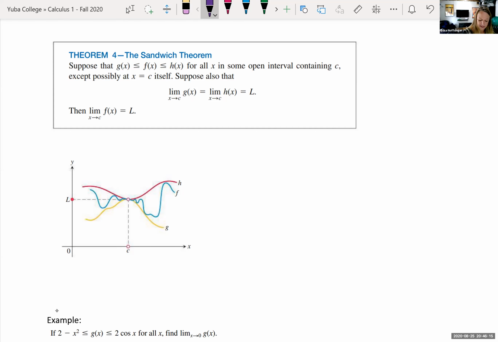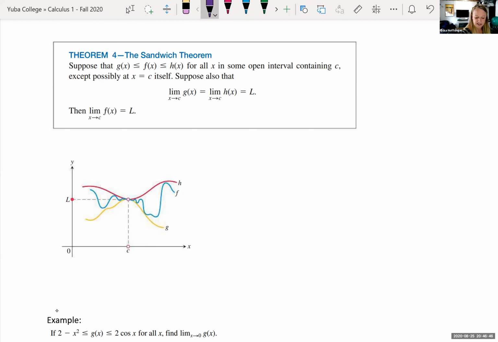These are all representing y values. You can see the y values of the yellow are always smaller than the y values of the blue, which are always smaller than or equal to the y values of the red. So this says for all values of x in some open interval containing c. So we're just going to sandwich it. It doesn't have to be some interval there. We might get really huge and that wouldn't be the case.